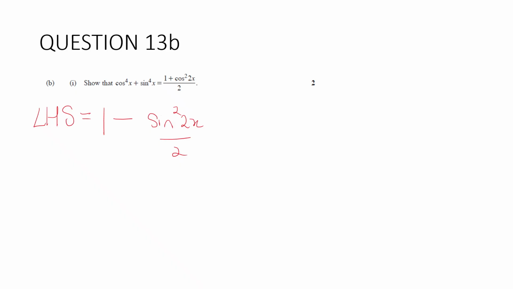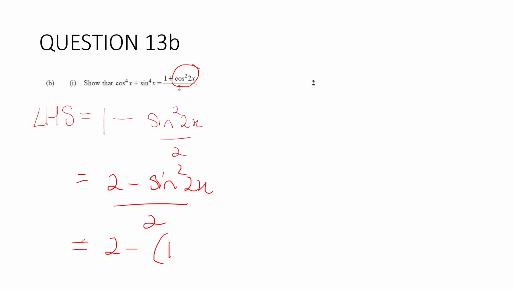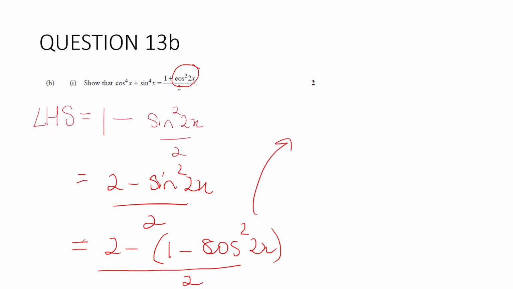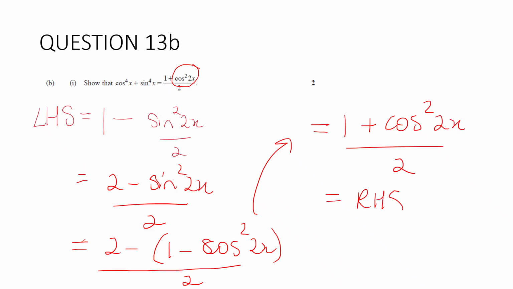Making a common denominator, we have 2 take away sine squared 2x all over 2, but we don't want sine squared 2x, we want cos squared 2x. So that's equal to 2 take away (1 minus cos squared 2x) in brackets all over 2, which is equal to 2 take away 1 is 1 plus cos squared 2x all over 2, which is equal to the right hand side.